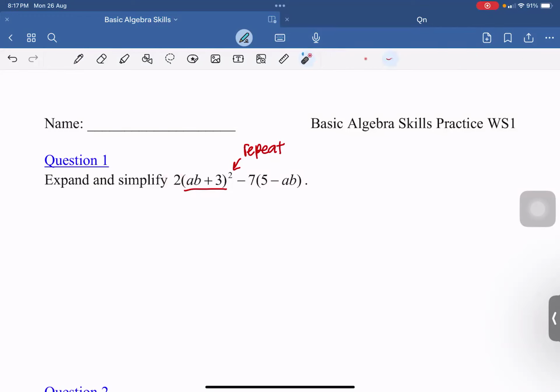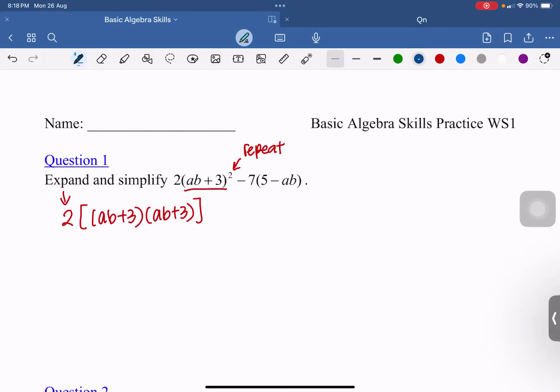The 2 does not have any square, so 2 is just outside on its own. Multiply a plus b, ab plus 3, 2 times. Leave the 2 here, don't multiply inside the bracket first.